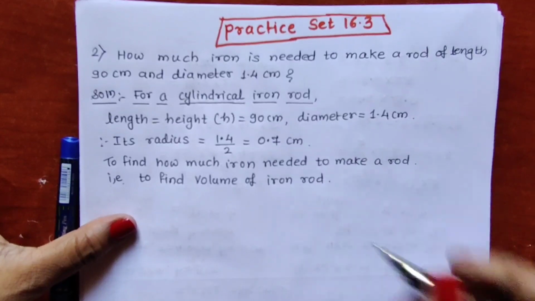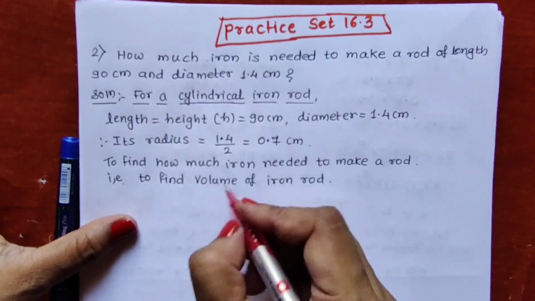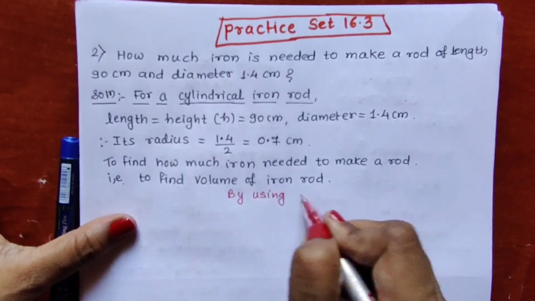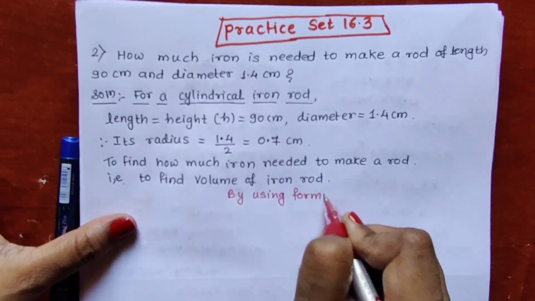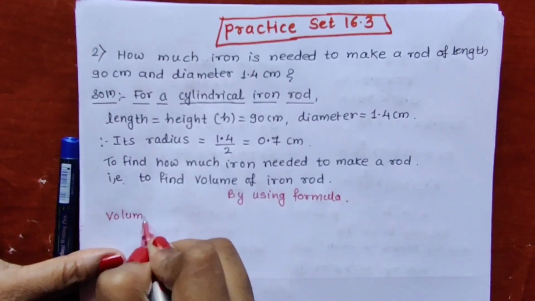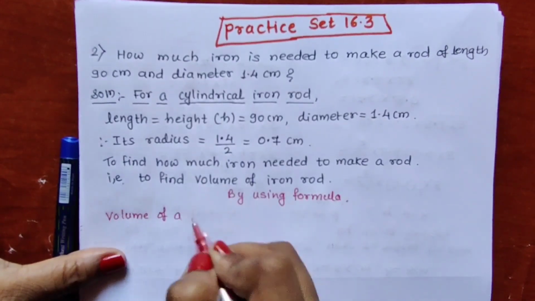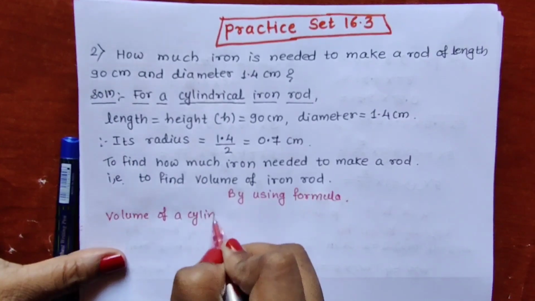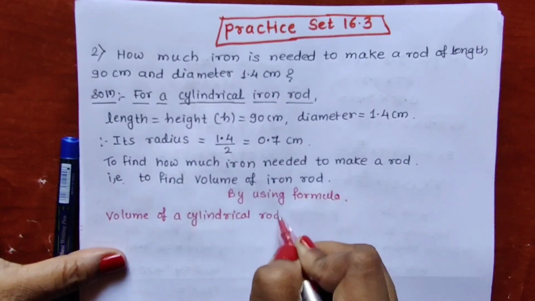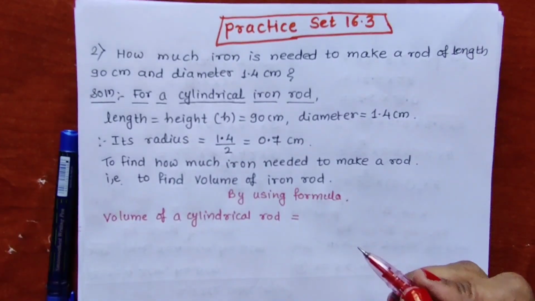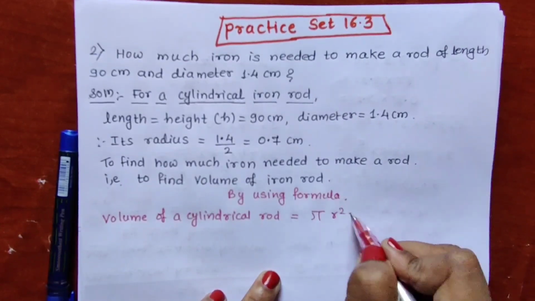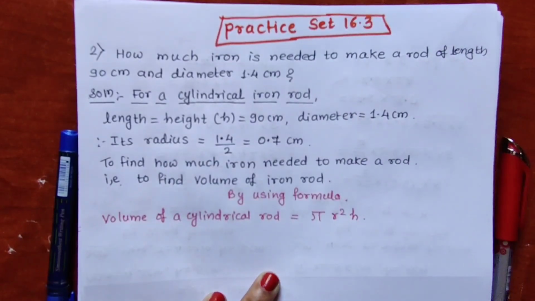Okay, so we will be using the formula for the volume of a cylindrical rod. We will be using the formula for the volume of a cylinder, which is pi r square h. Pi r square h. We will put the values here.